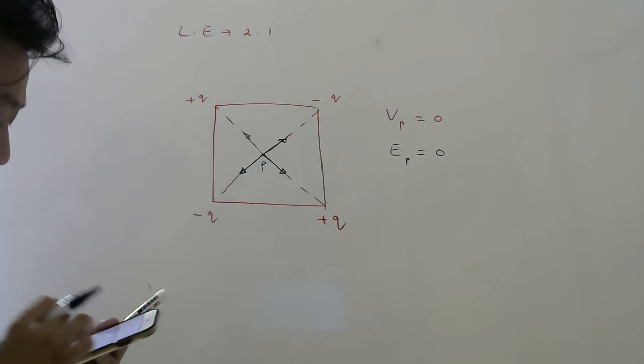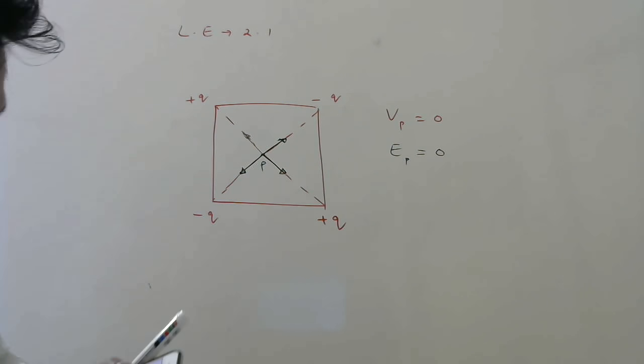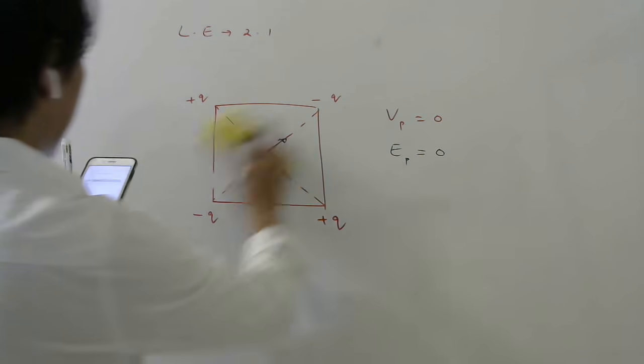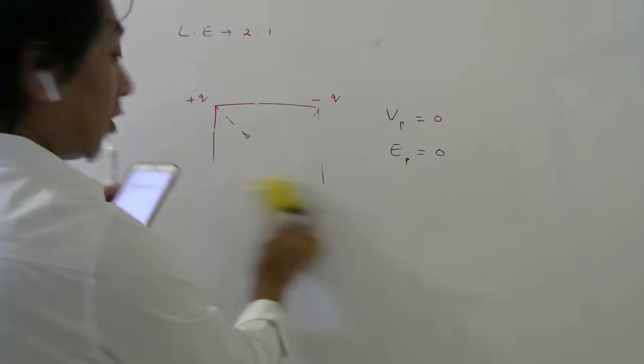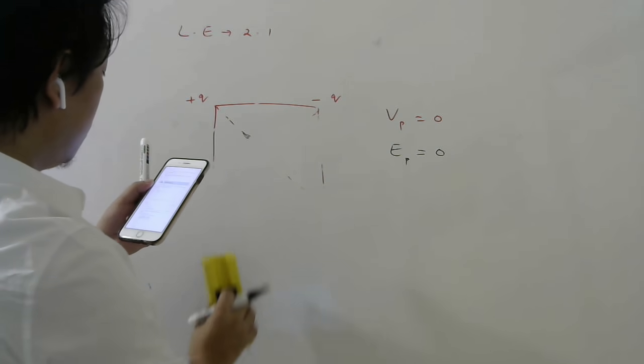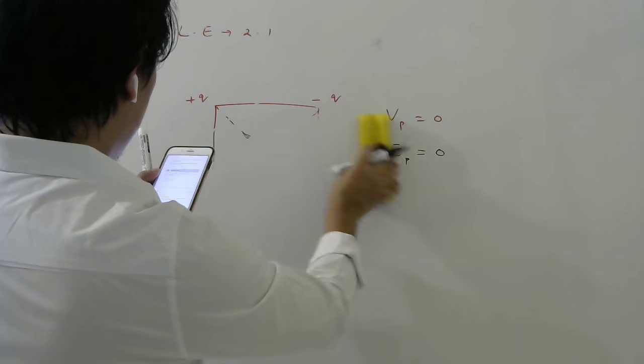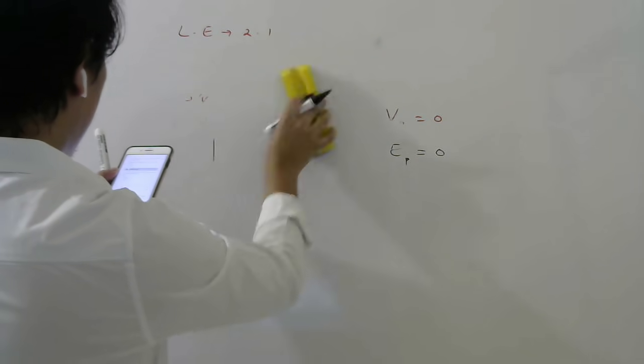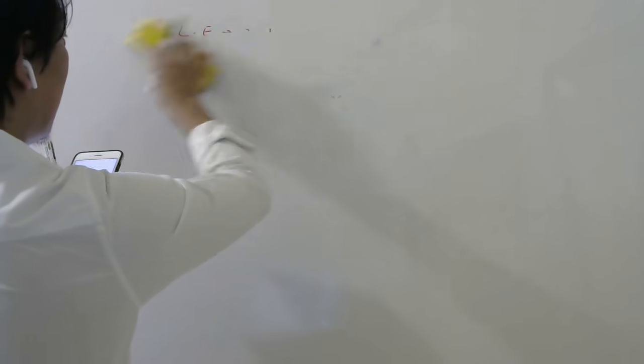Let us see numerical exercise 2.1. The first part says: calculate the potential at a point P due to a charge 4 into 10 power minus 7 coulomb located 9 centimeter away. This is direct, no? Just now we did a similar question.